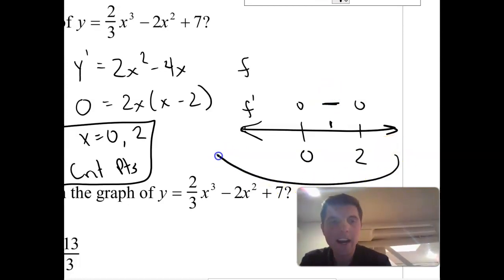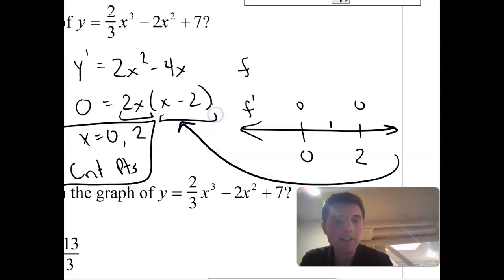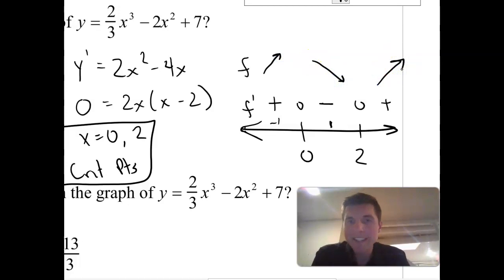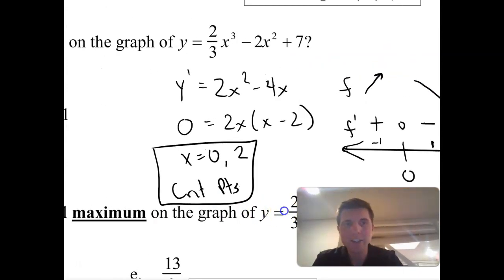If I plug in 5 or something, positive times positive, definitely positive then. And if I plug in negative 1, I get negative times negative. Okay, that's positive. So my function increases, then decreases, then increases. Where does the min exist? My function's doing this. Min exists at 2.